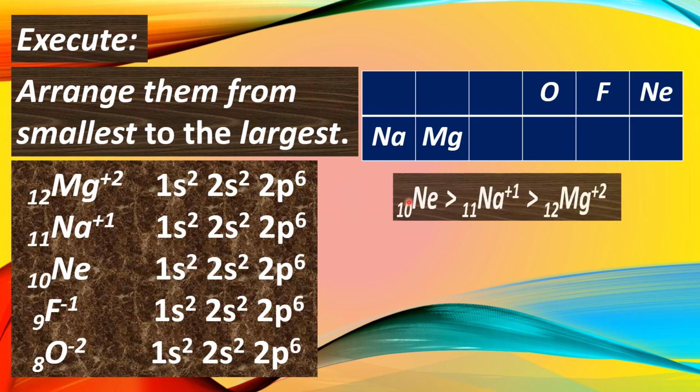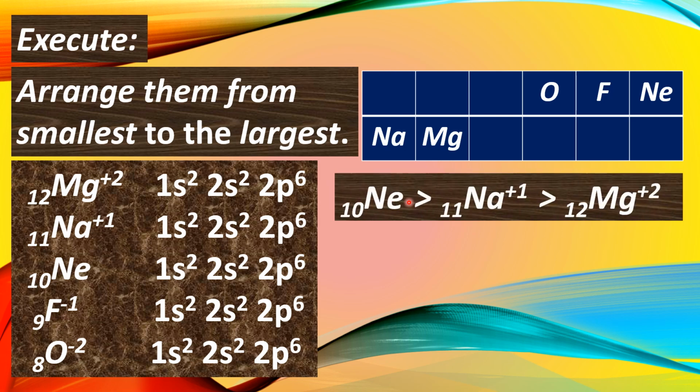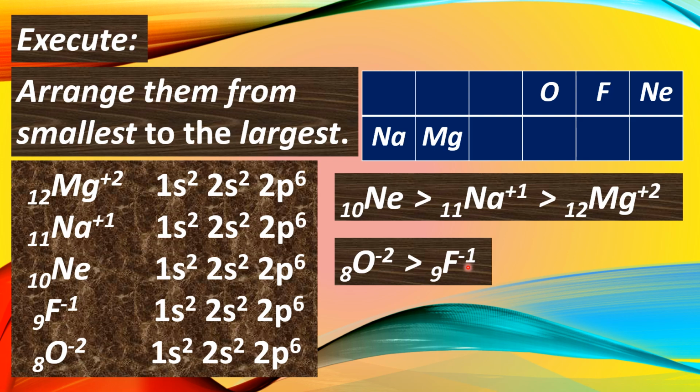We can also conclude that the magnesium +2 ion is smaller than the sodium +1 ion. Hence, it follows that the magnesium +2 ion is also smaller than the neutral neon atom. Likewise, the oxide -2 ion must be bigger than the -1 fluoride ion.